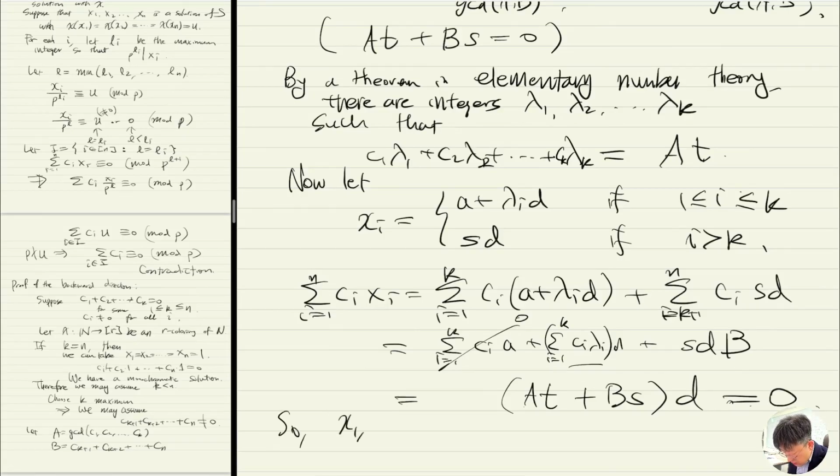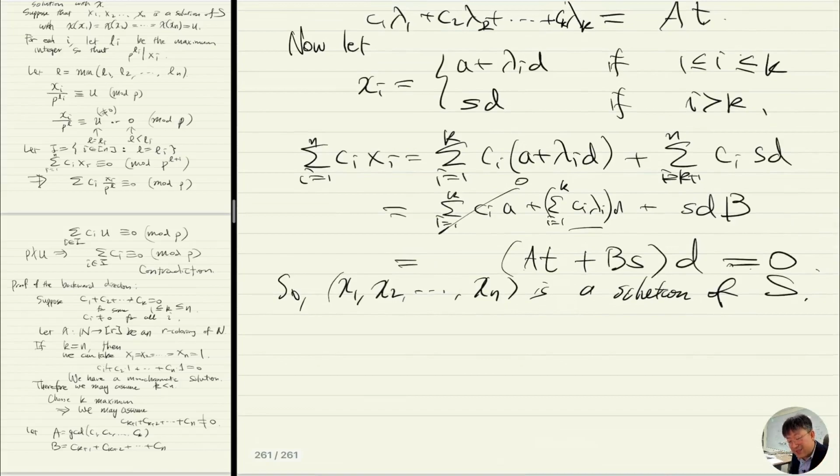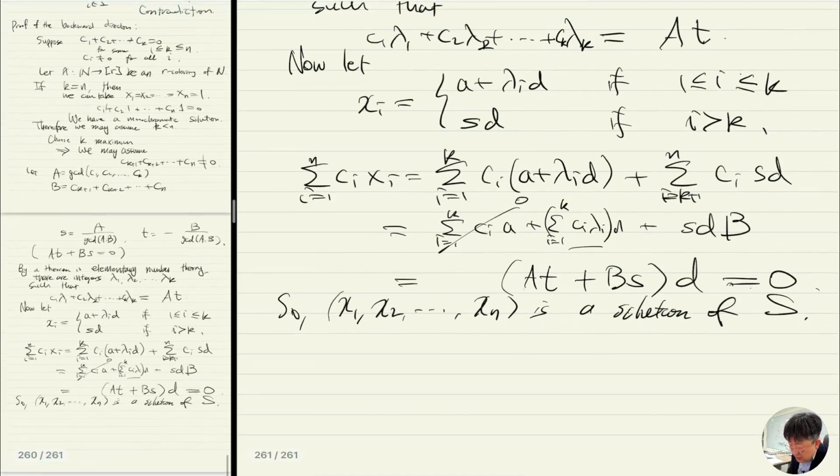So x1, x2, ..., xn is a solution of s, as long as, of course, I need to make sure that these numbers are positive. So I have a lot of freedom to choose, right? I mean, not a lot, but I can choose a and d.